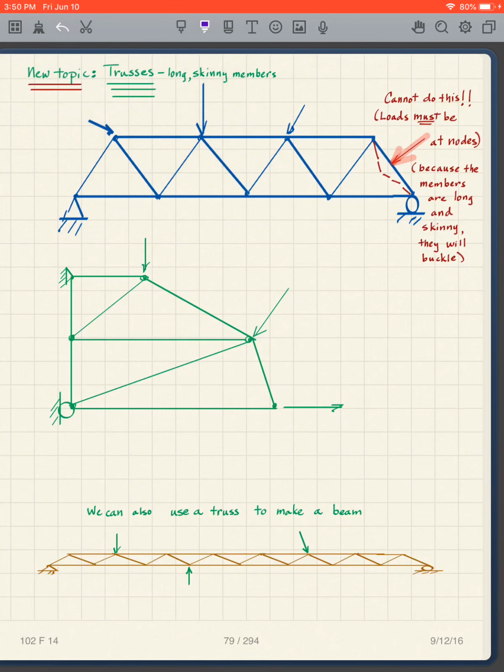We can build a beam out of a truss. That's what we frequently do. So if we make the truss long enough, we can create an entire beam with a truss, as we've done here.